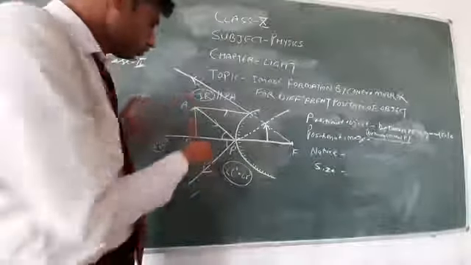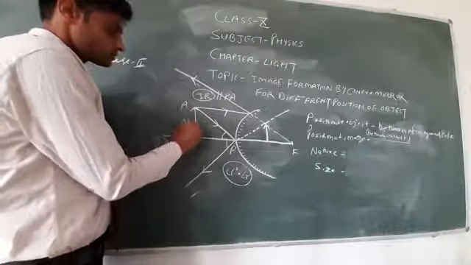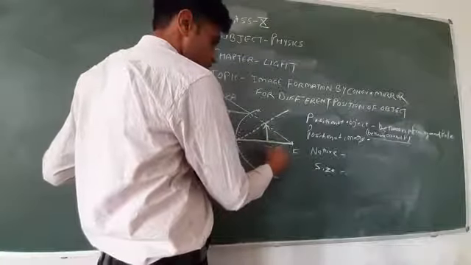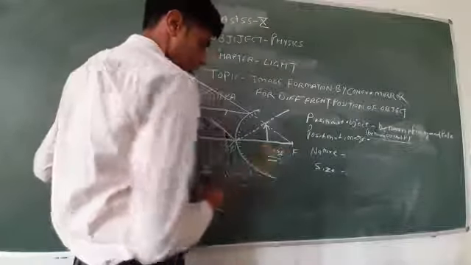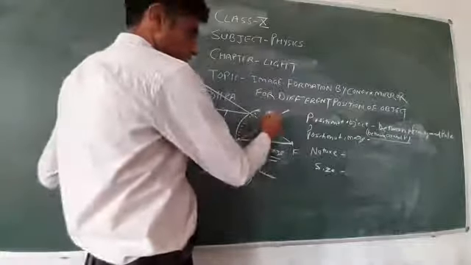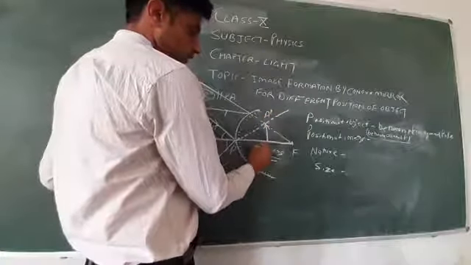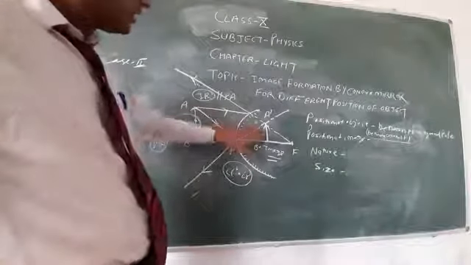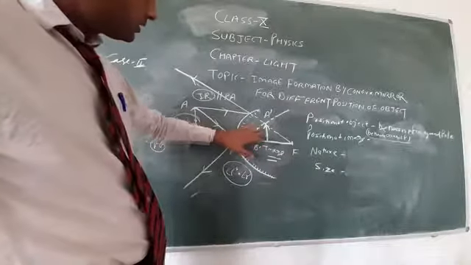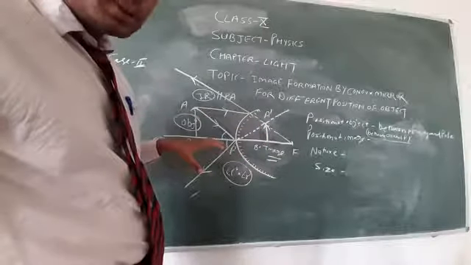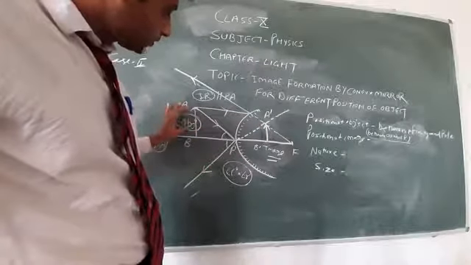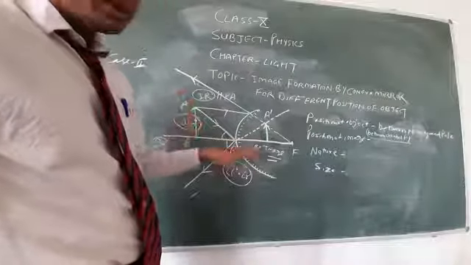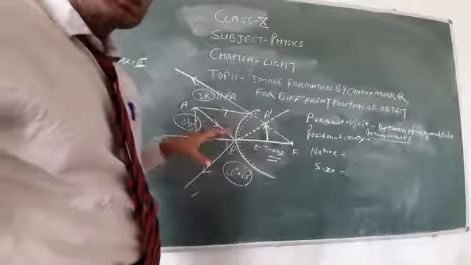So this is the object and this is the image, A dash B dash. You can see clearly the size of the image is small with respect to the object, and it is behind the mirror. It means it is virtual.